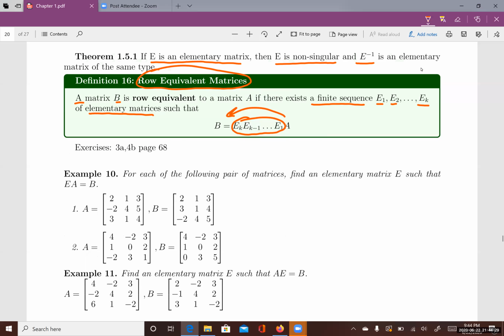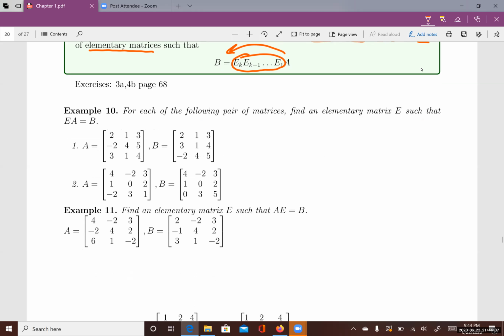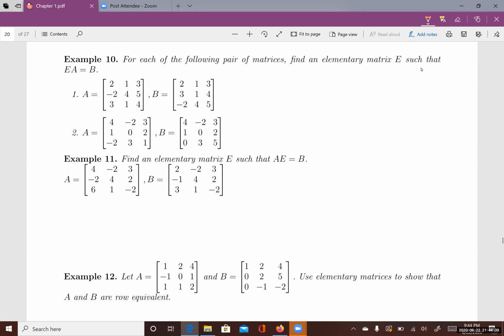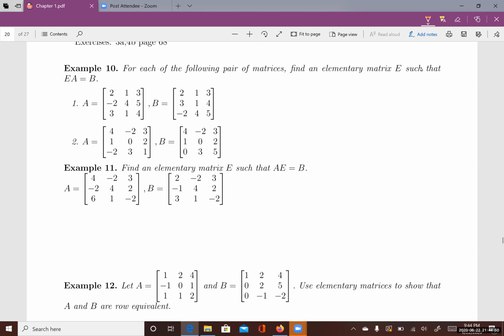That's how you define whether two matrices are row equivalent. If they are equivalent, there exists a finite sequence of elementary matrices multiplied to a matrix on the left to get to another matrix. Well, let's look at examples 10 and 11.